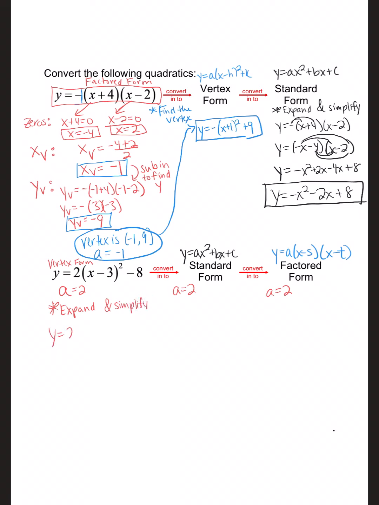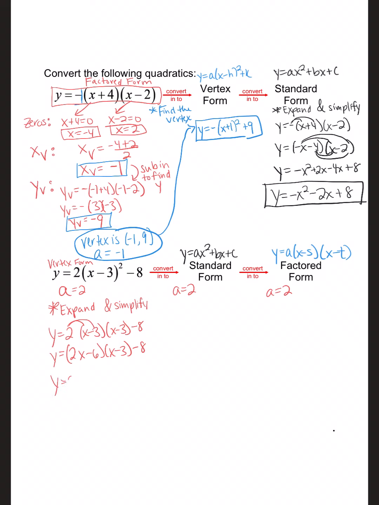So that means I'm going to write my bracket as 2 sets of brackets. And then we'll work to simplify. So I'm going to start by distributing my 2 into that first bracket. So I have 2x minus 6. And then from there, I'm going to FOIL.